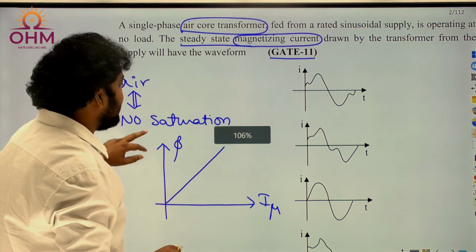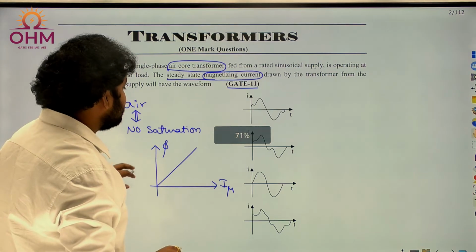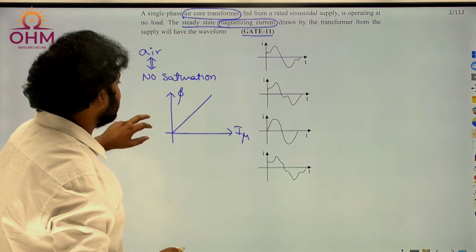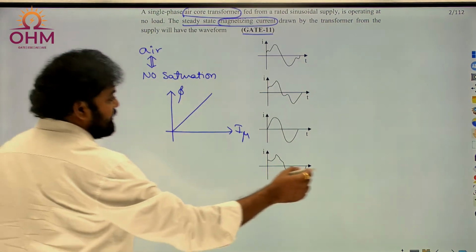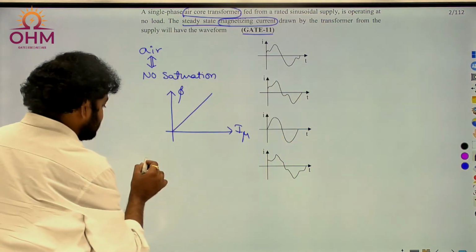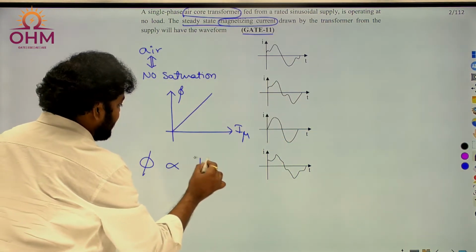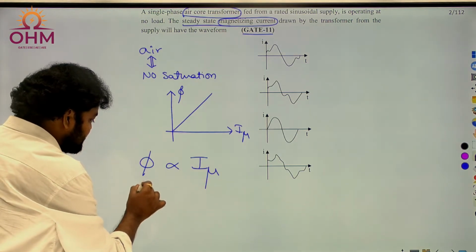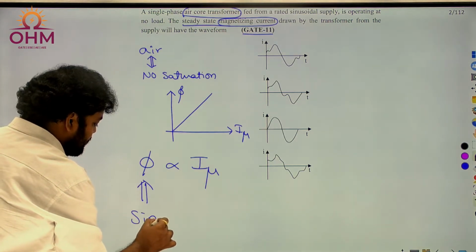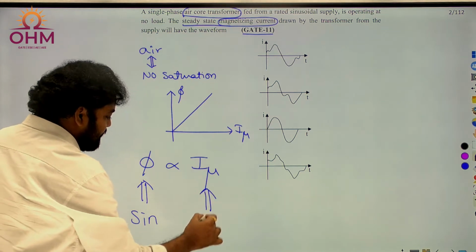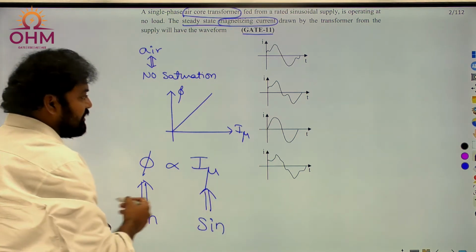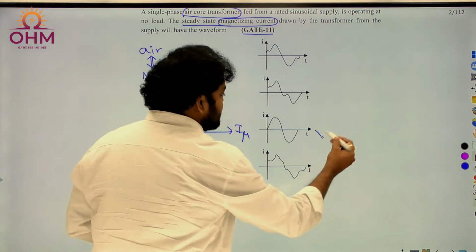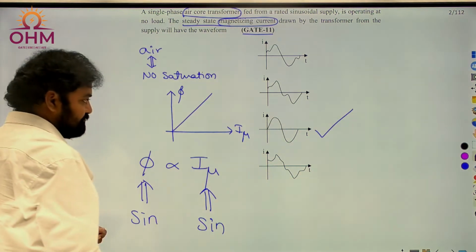That means if flux has to be sinusoidal, magnetizing current is also going to be sinusoidal. So flux is directly proportional to magnetizing current. In order to create a sinusoidal flux, the magnetizing current must also be sinusoidal. Therefore, the answer is going to be option C.